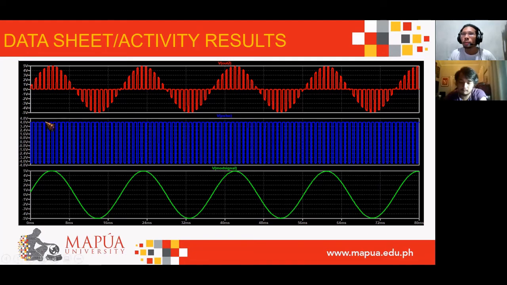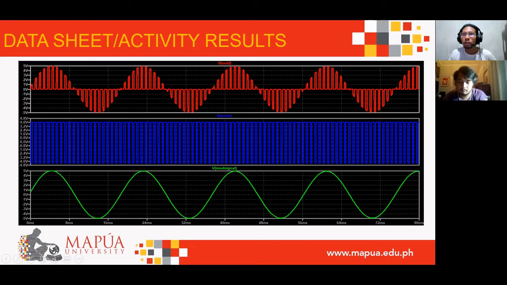We can observe the modulating signal in sinusoidal form in green line, and the carrier pulse train in square wave or pulse in the second or in the middle plot, which is a blue line, and the PAM signal in the double polarity PAM, which has positive and negative peaks, in red color line.